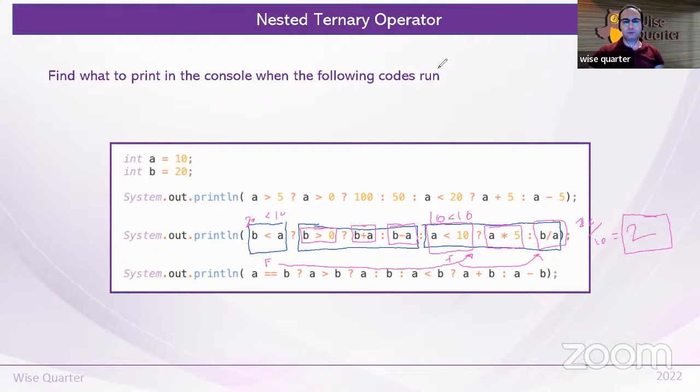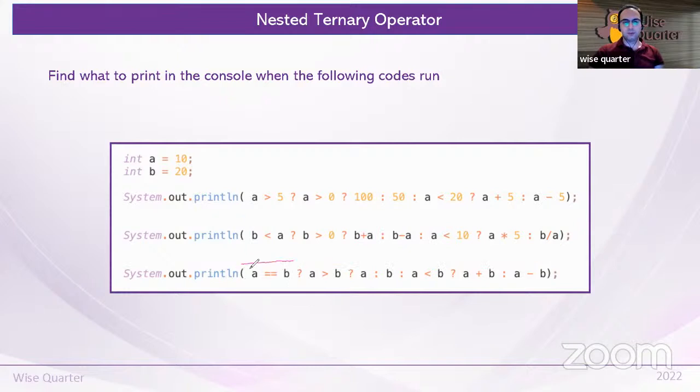What about the last one? This is the main condition. And this is the nested ternary. And we have another nested ternary. I think I did it right. It says if A equals B, 10 and 20, it is false.